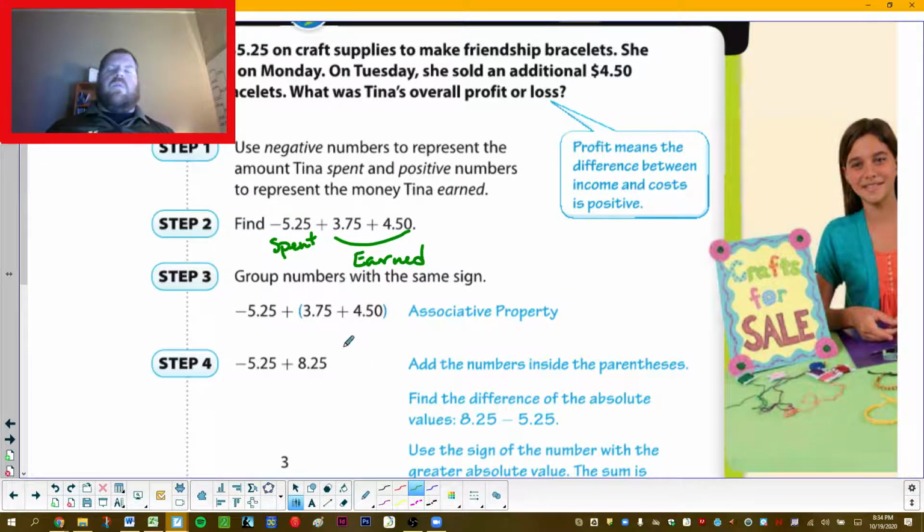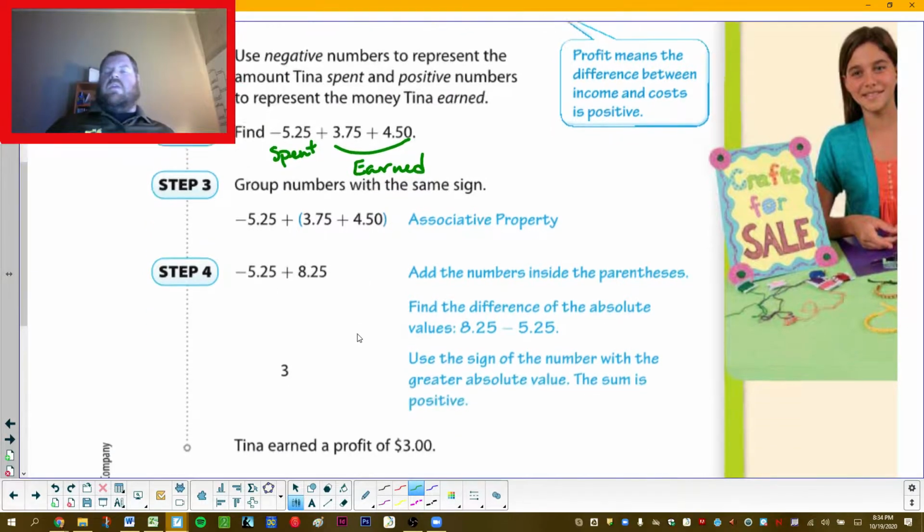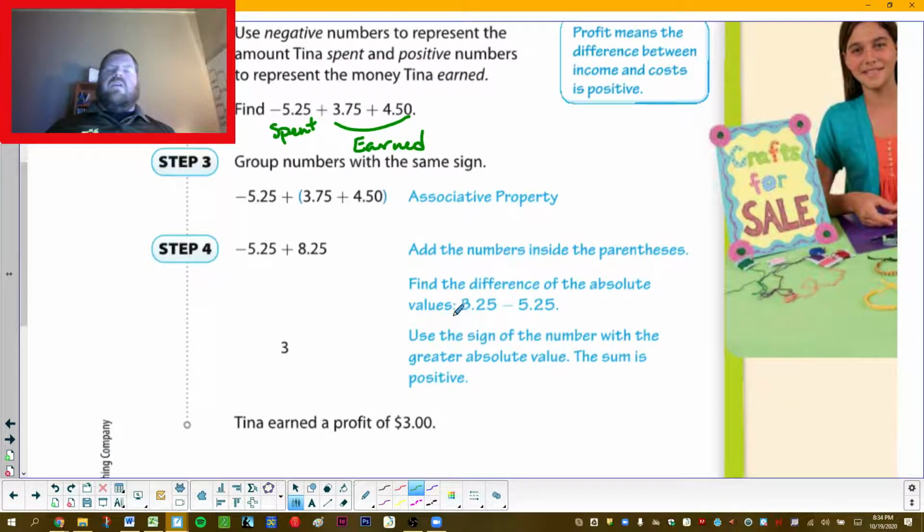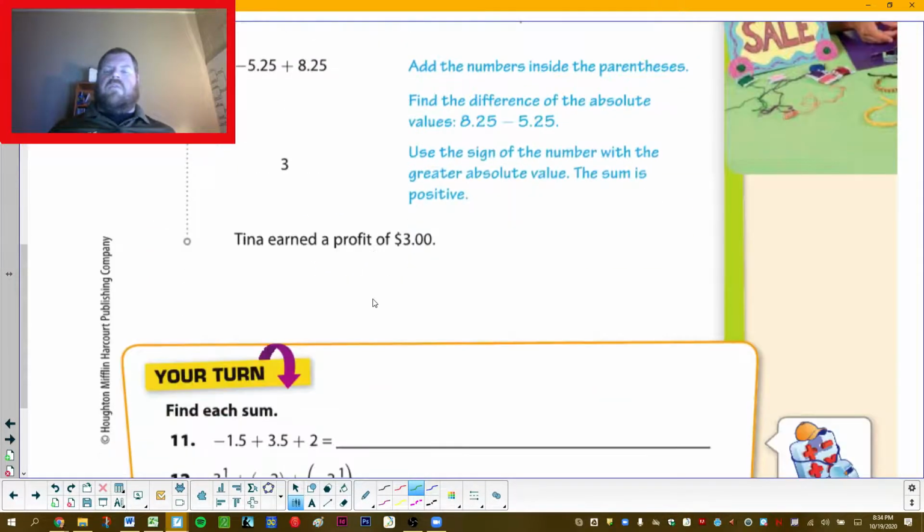We want to deal with our positives first. Okay, and when I do that, I end up with $8.25. Okay, and then what they do is they go ahead and look at finding the difference of the absolute values. So they go big minus little, and from that we get 3. So she earned a profit of $3.